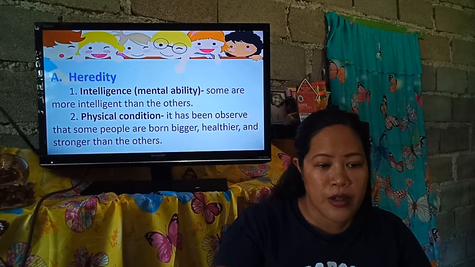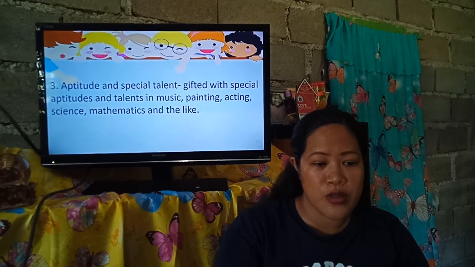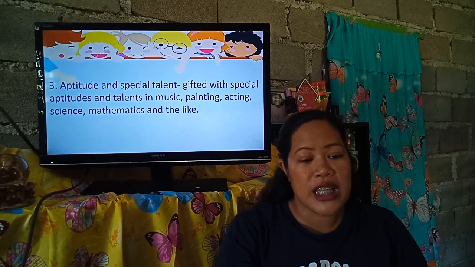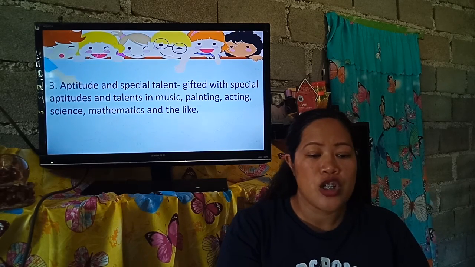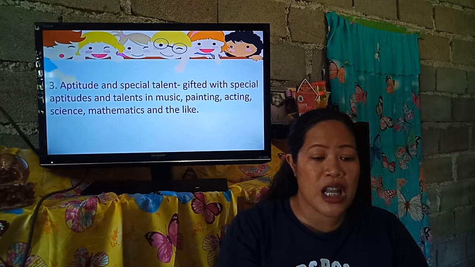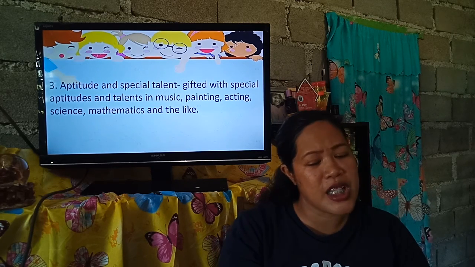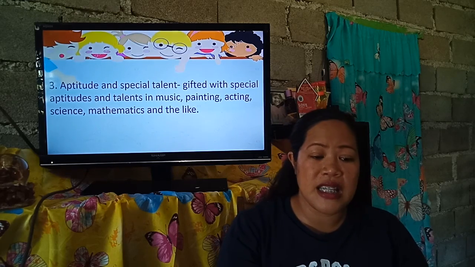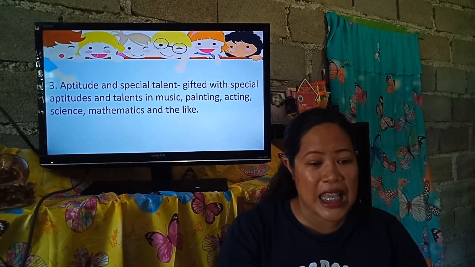Under heredity, we have also the aptitude and special talent. Some are gifted with special aptitudes and talents in music, painting, acting, science, mathematics, and the like.